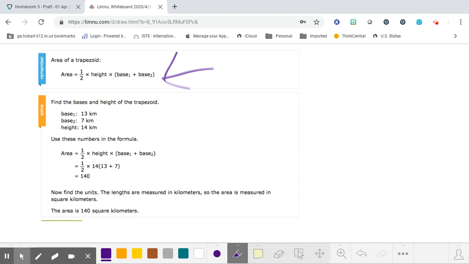You are going to first add your base 1 and base 2 together. So here in this example, our base 1 and base 2 is right here, and it's 13 kilometers and 7 kilometers. So you're going to add that together, 13 plus 7, and you'll get 20.